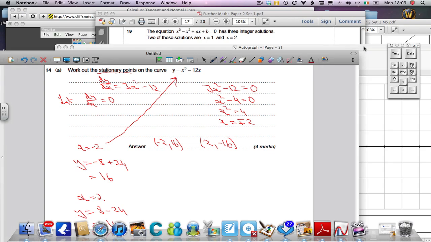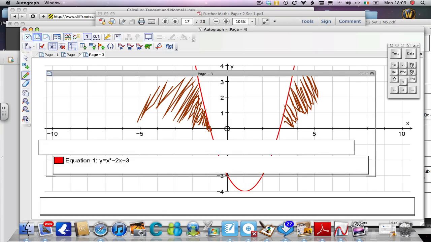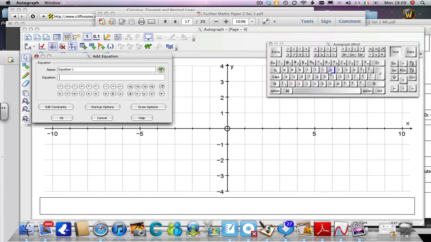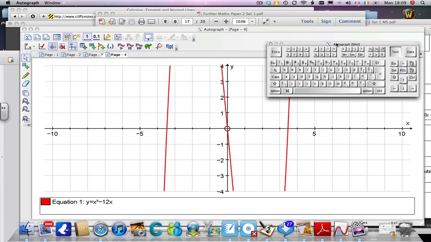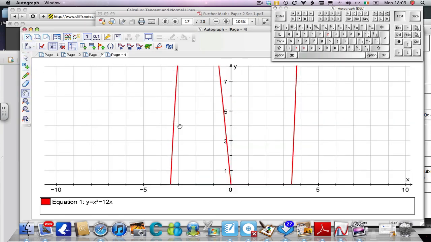y equals x cubed minus 12x, right? Let's draw this. And we should see that the curve turns at the stationary points.